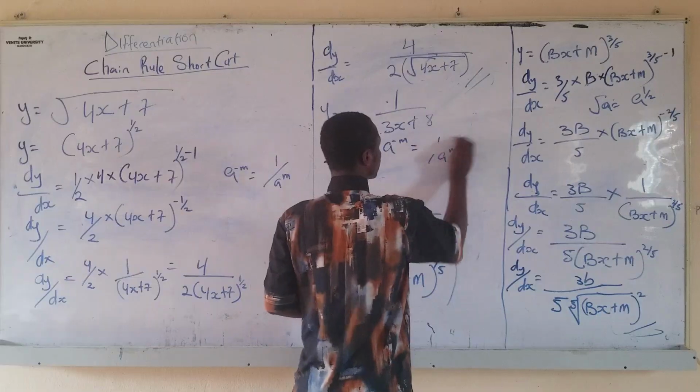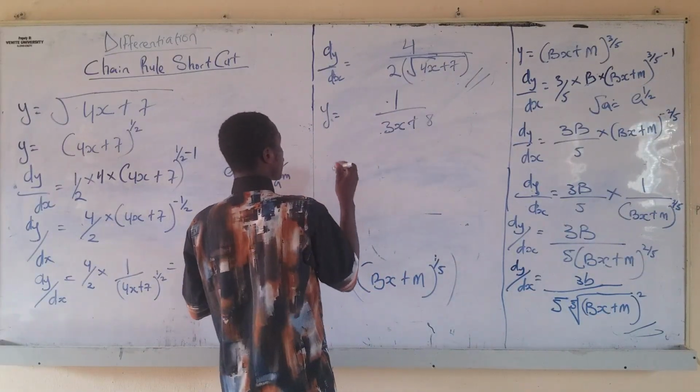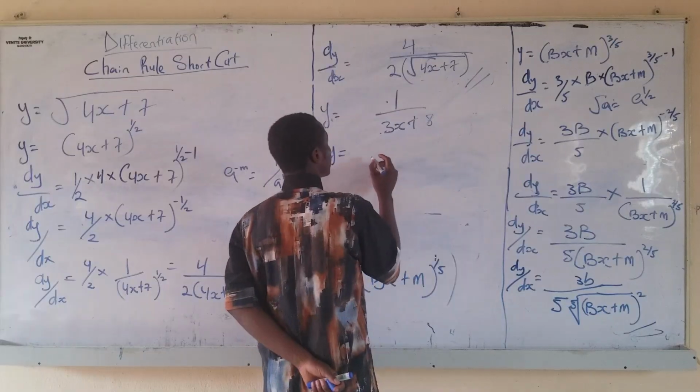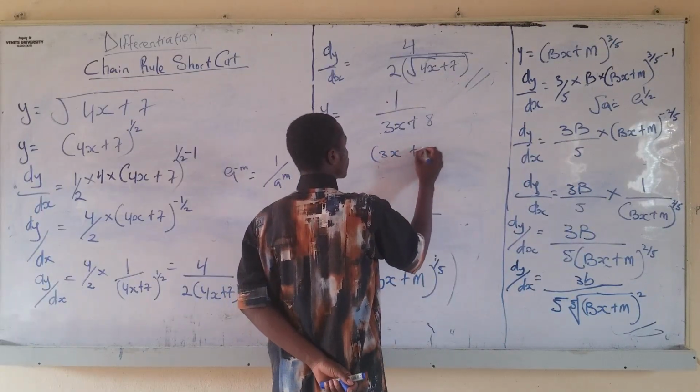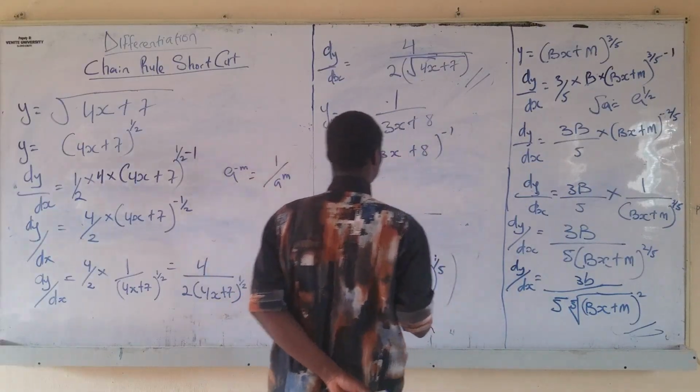So we can say y is the same thing as (3x plus 8) raised to power minus 1.